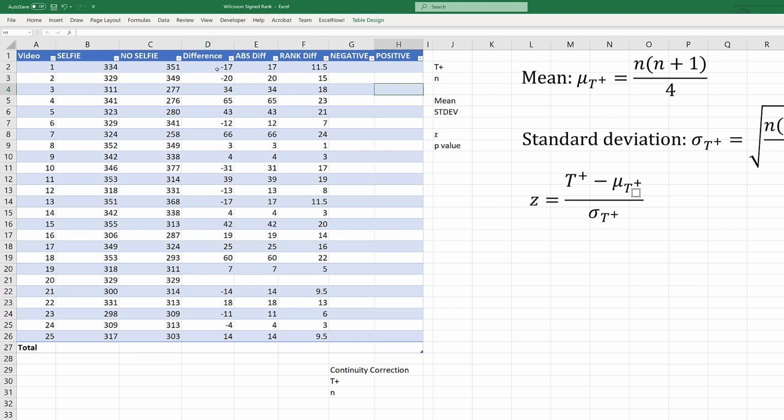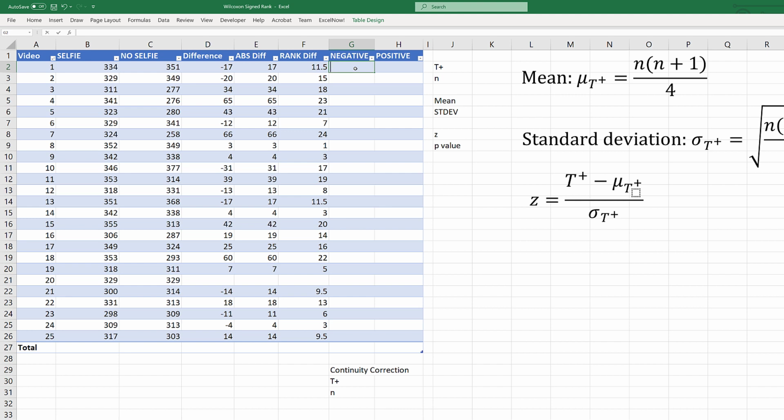So basically, we're using the sign of the differences in column D to identify the ranked absolute differences as either negative or positive. So we'll see how that works. And luckily, we can use a couple of simple formulas to automate that.